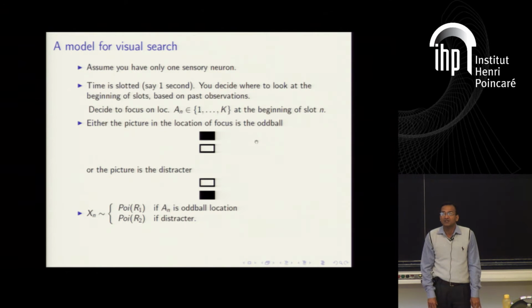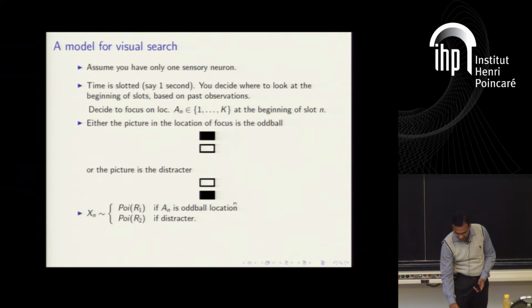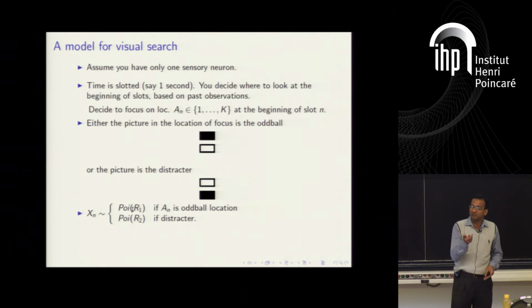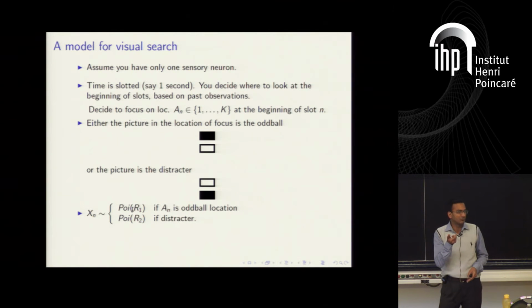When you look at the oddball location, your sensory neuron now responds in a certain way. So this is a stimulus to the sensory neuron, and the neuron starts responding, which we model as a Poisson point process whose rate of firing is R1, if the location that you're looking at contains the oddball target. Of course, you're looking for only one time slot, of duration 1 second.